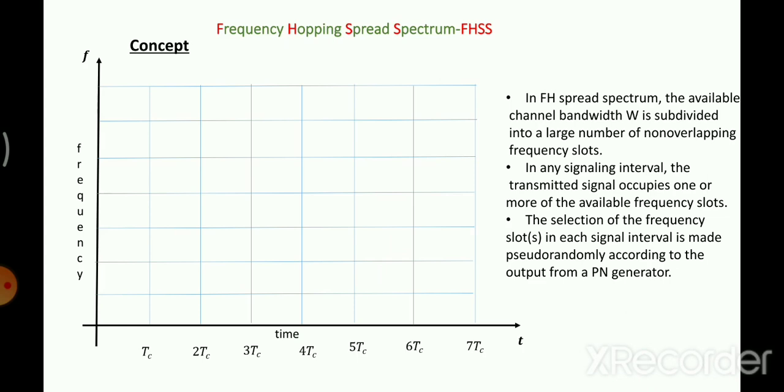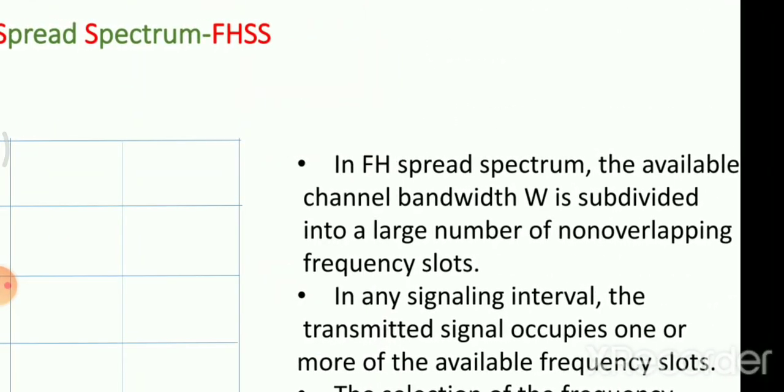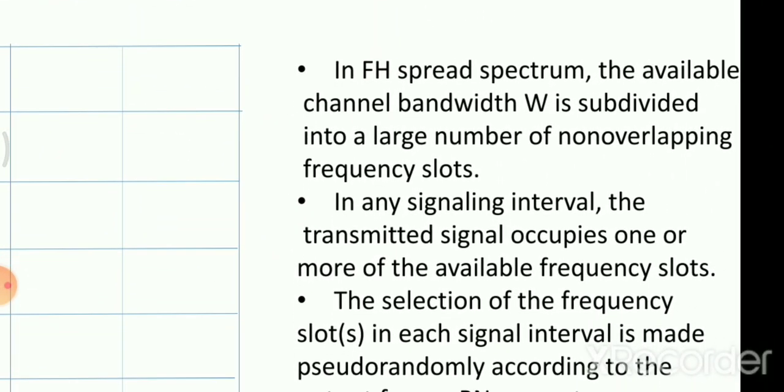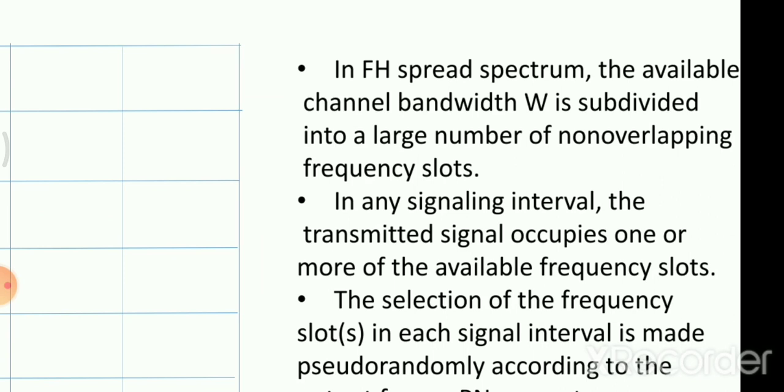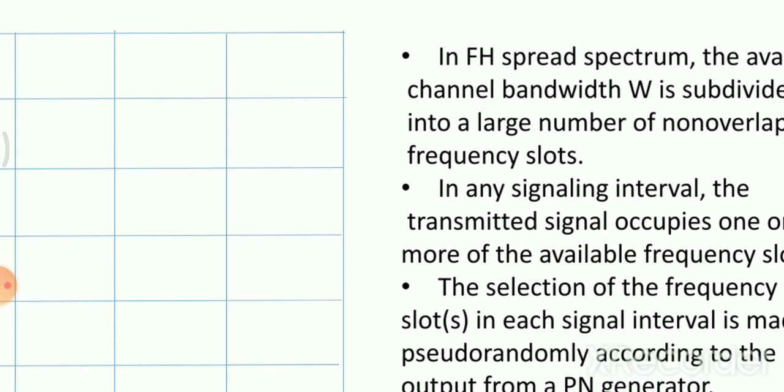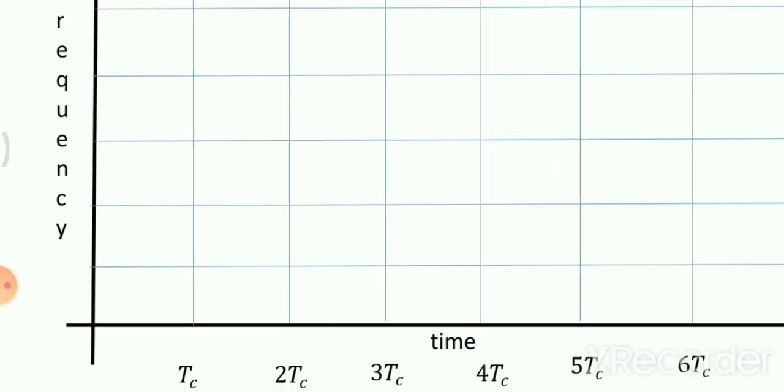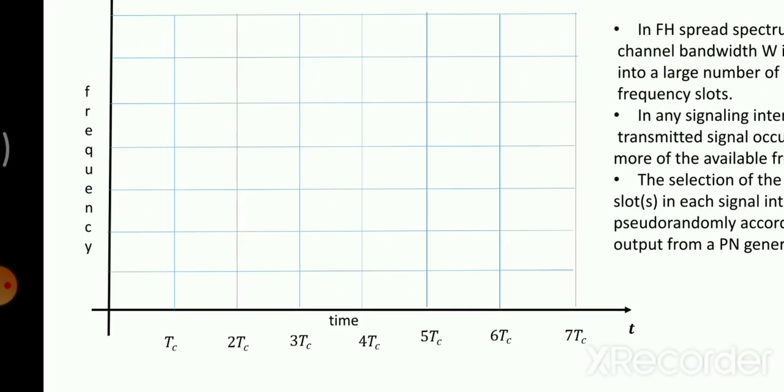Now in any signaling interval, that is TB, the bit interval, the transmitted signal occupies one or more slots. These are the independent slots, 7 cross 7.